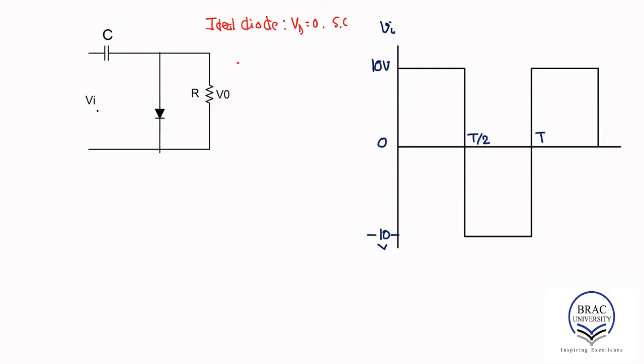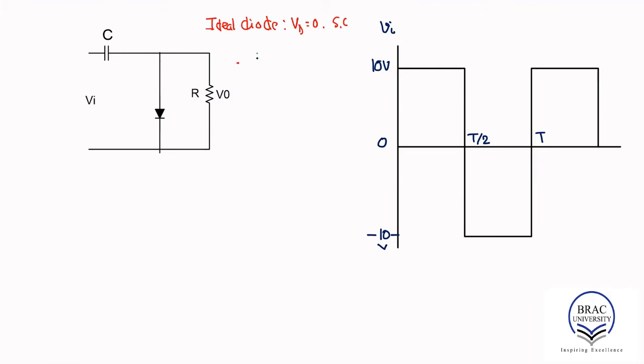If you keep our AC signal source to my left, we find out the diode is in the clockwise direction. In that case, we're going to start our analysis from positive half cycle, for which diode is forward biased, not from negative half cycle. So we're going to start our analysis from positive half cycle.